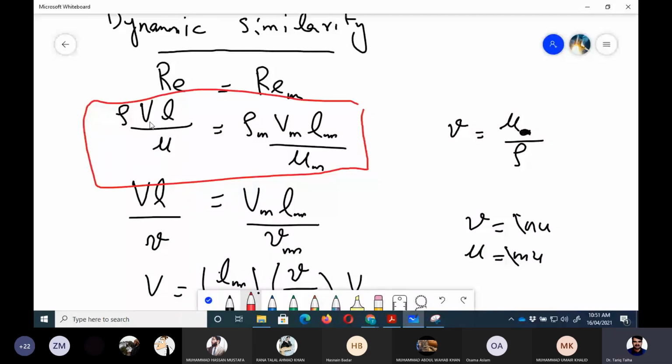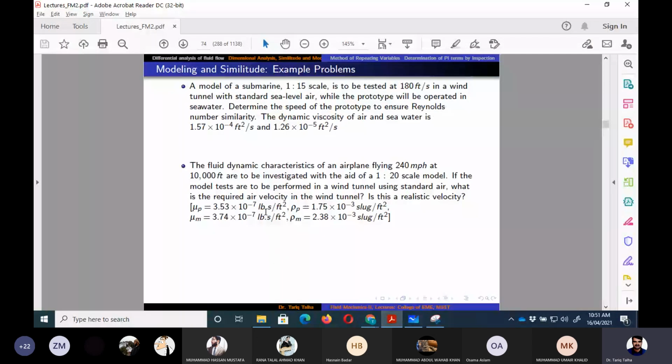In this equation, we need to determine the velocity Vm. So we need to calculate Vm.